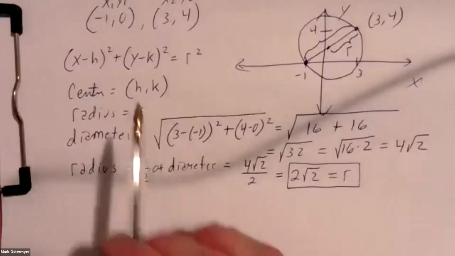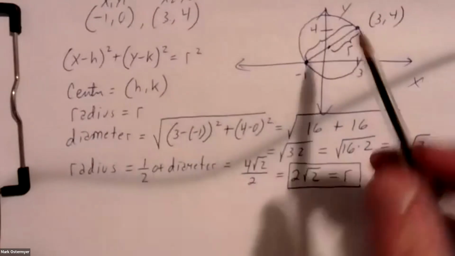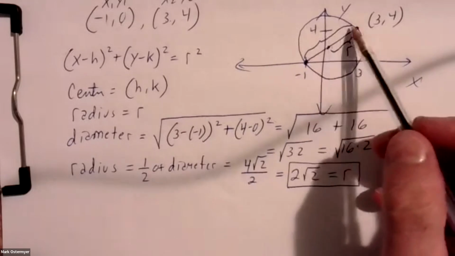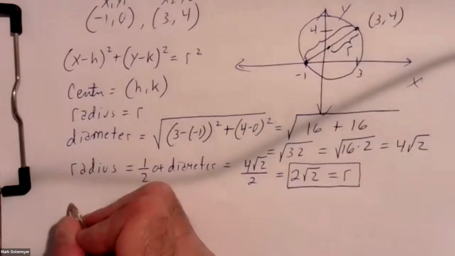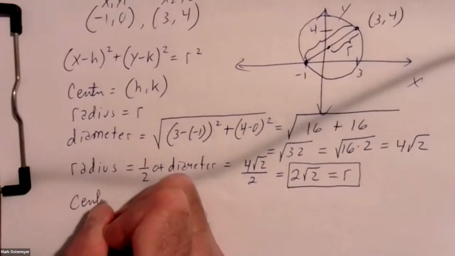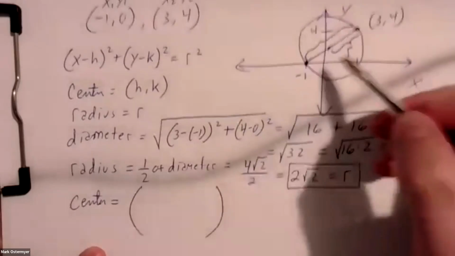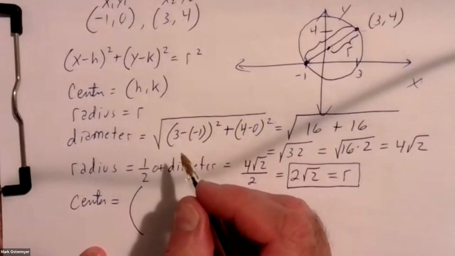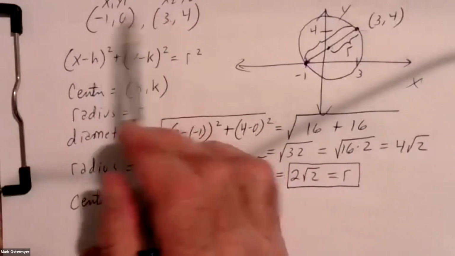Another thing we're going to need to know, not only is the radius, but we're going to need to know the center of the circle. Well, the center is the midpoint of the diameter. And so we have to find the midpoint between these 2 points here using the midpoint formula. So the x coordinate of our center point is going to be the average of the x coordinates of the 2 endpoints of the diameter.